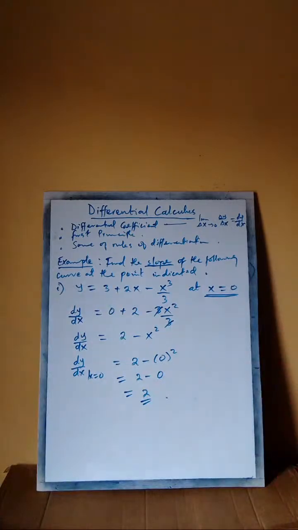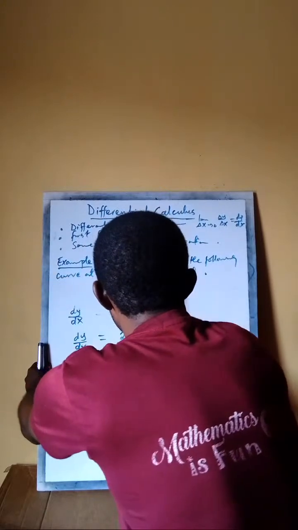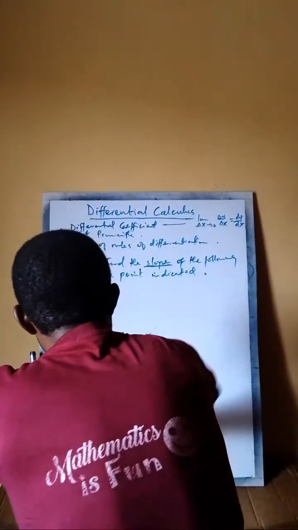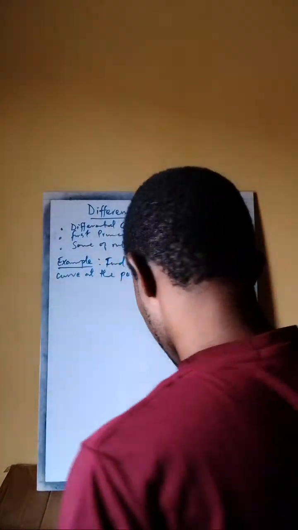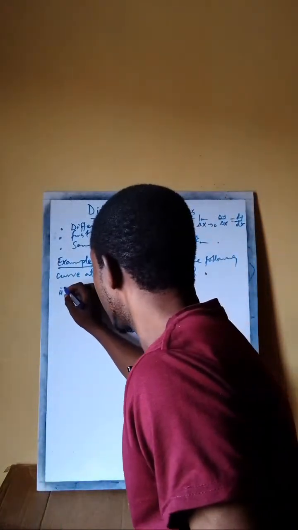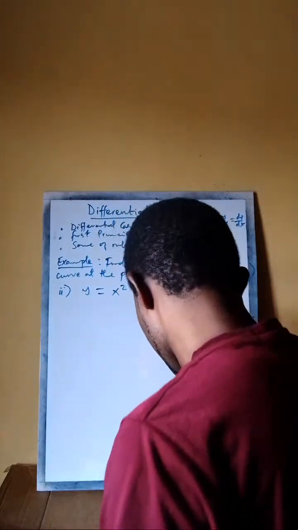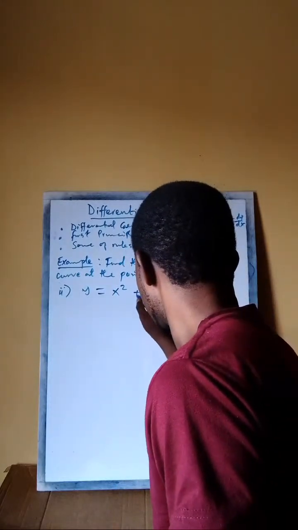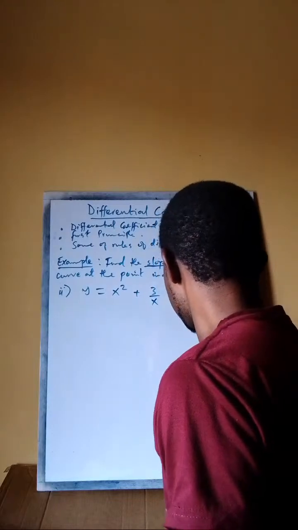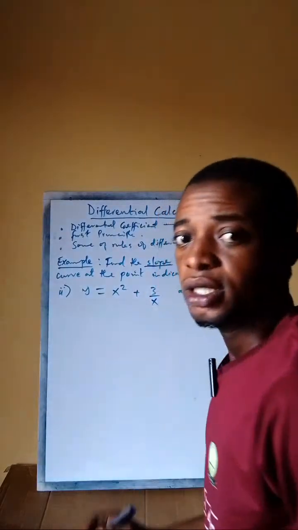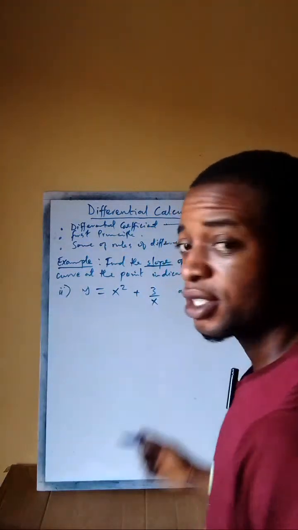Now let's look at another one similar to this. Number 2 question here. We have y equals x squared plus 3 over x at x equals 1. In the same way, we have to find the slope of this curve at x equals 1.